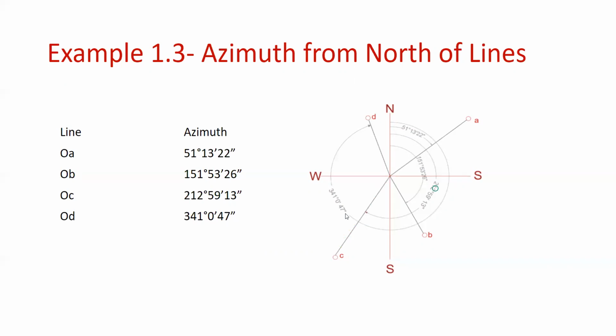How about the line OD? So, the line OD here, nandito yan. This is your D. So, simula north, papunta doon sa line OD. Ano yung angle na yan? So, for example, meron tayong 341 degree 0 minutes 47 seconds.